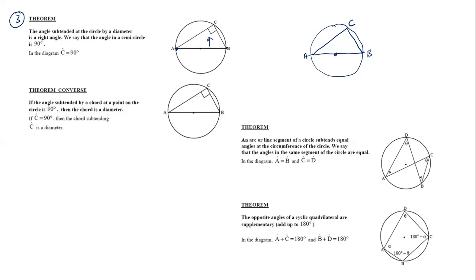It subtends this angle over here, which is called angle ACB. Because it is subtended by a diameter, what does that mean? That means this angle will be 90 degrees.